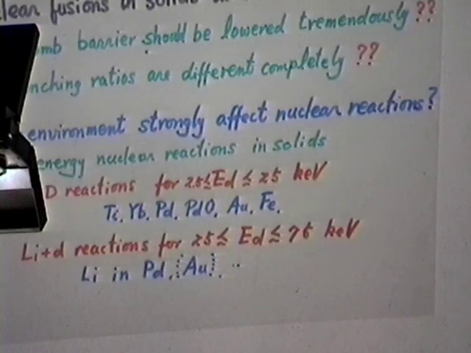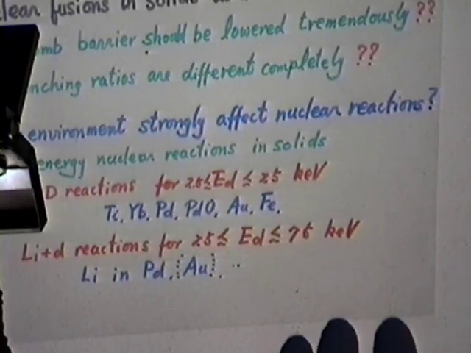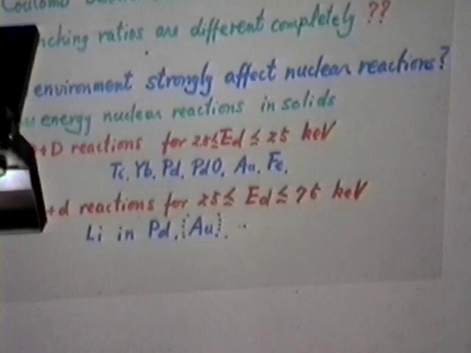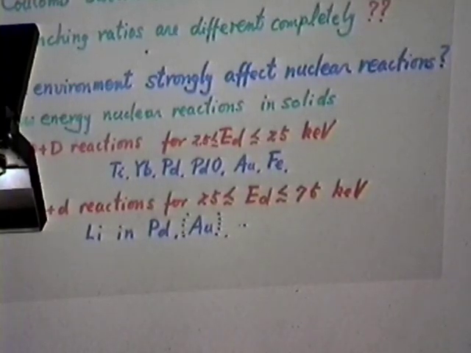So these are the two main questions we want to ask. And as an experimentalist, I want to get real experimental results. Therefore, we have been studying whether the environment of a nucleus strongly affects nuclear reactions.